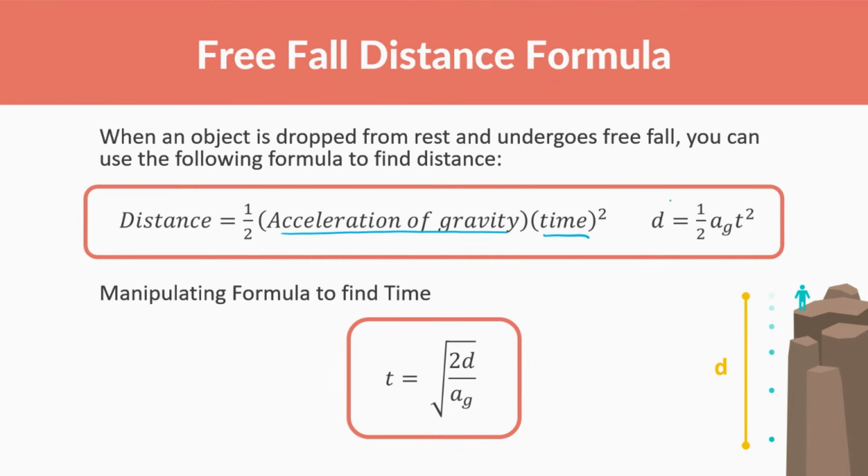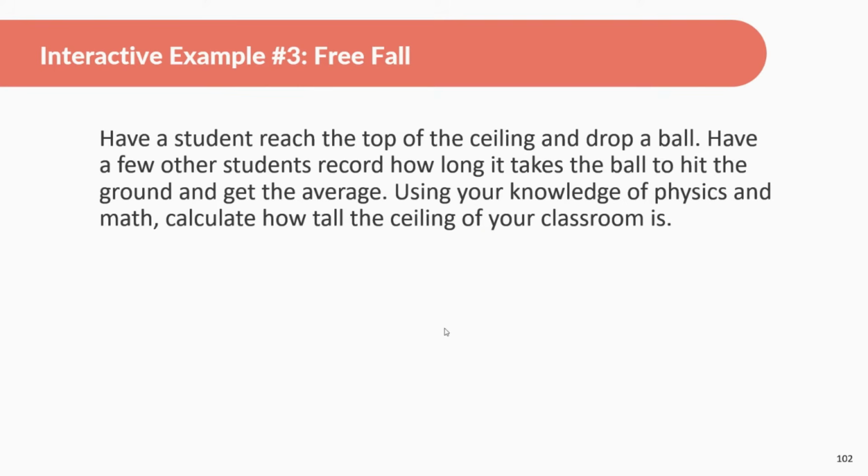This is the formula to find the distance it has fallen, or the displacement. And we can manipulate it so that we can find time. So let's do some problems involving this.